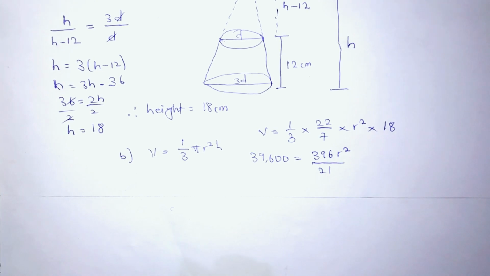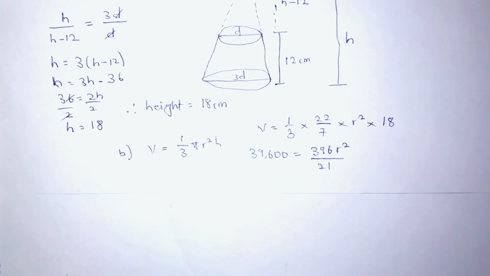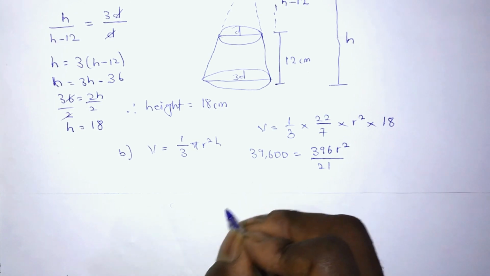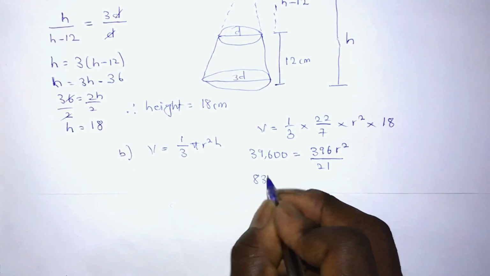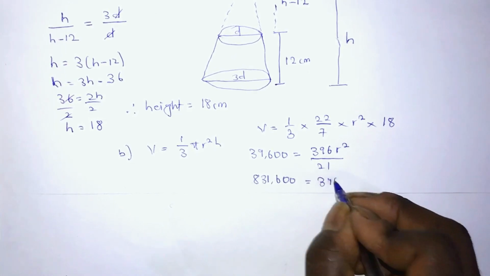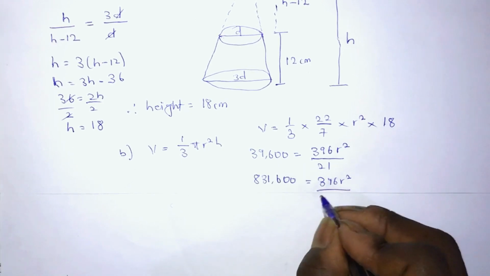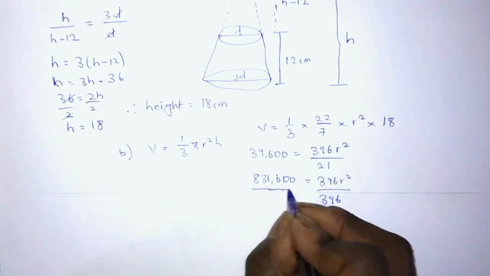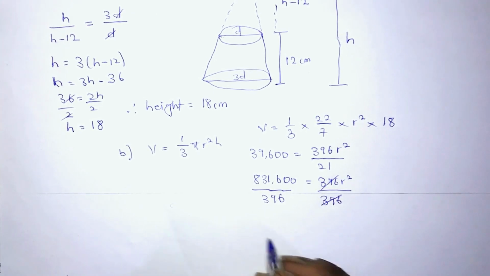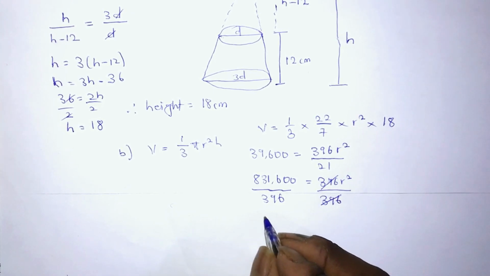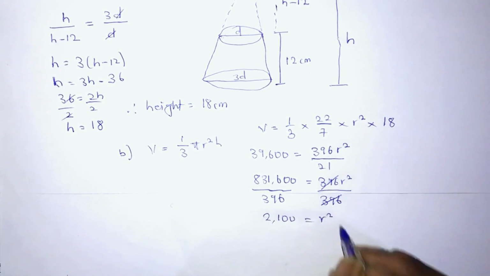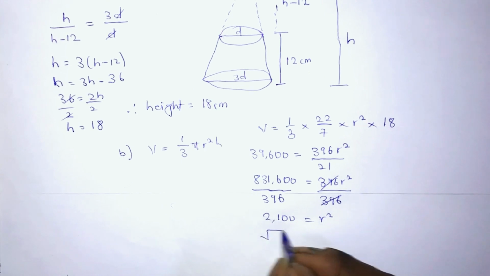So we do cross multiply, 21 multiply this figure, and we are going to get 831,600 is equal to 396 r squared. So you divide by 396. Do same here. And we are going to get 2,100 is equal to r squared. So we take square root on both sides.